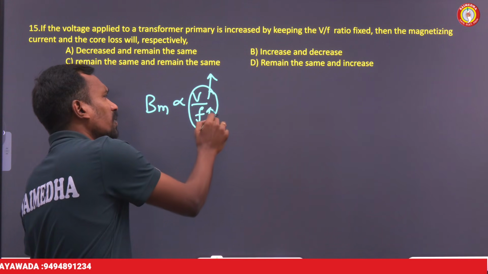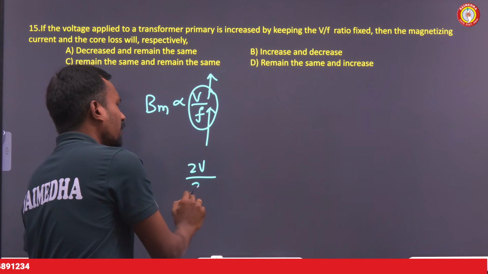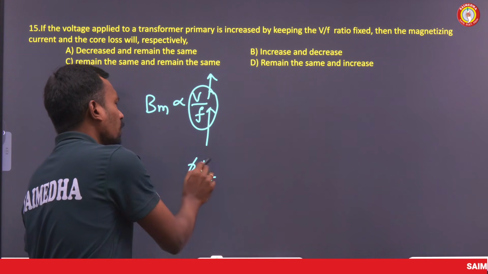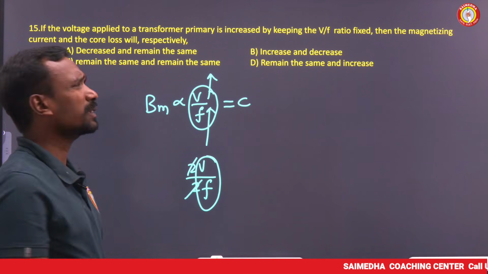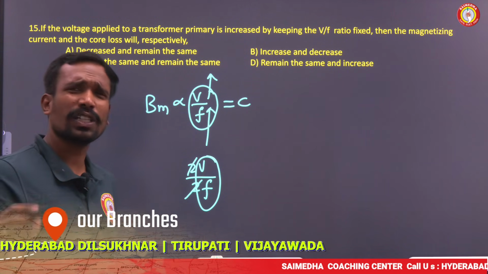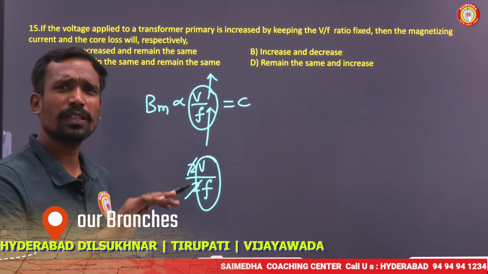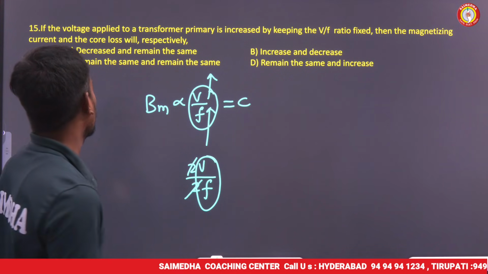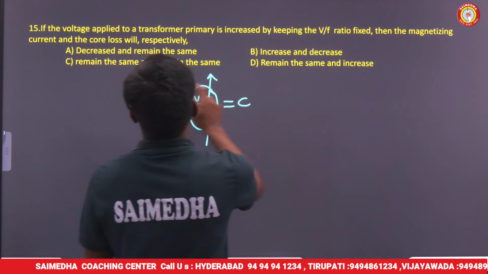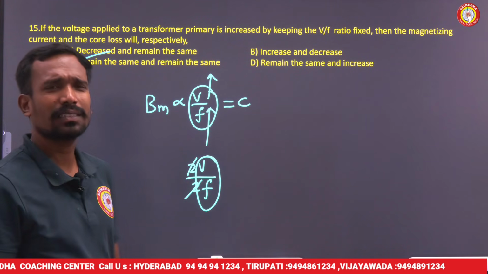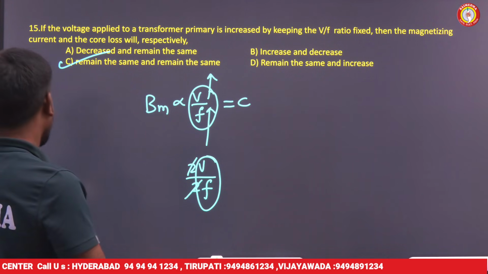If the voltage doubles, the frequency also doubles. When both cancel, B maximum is constant. When B maximum is constant, there will be no change in I mu and no change in IW. Both remain the same.